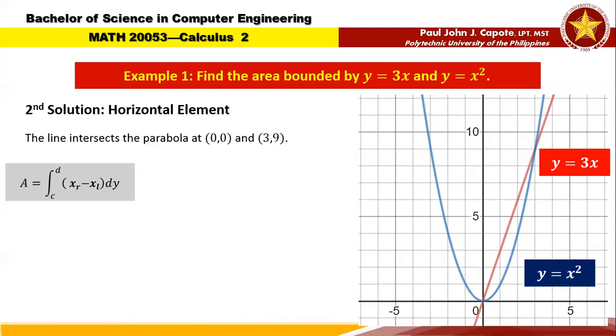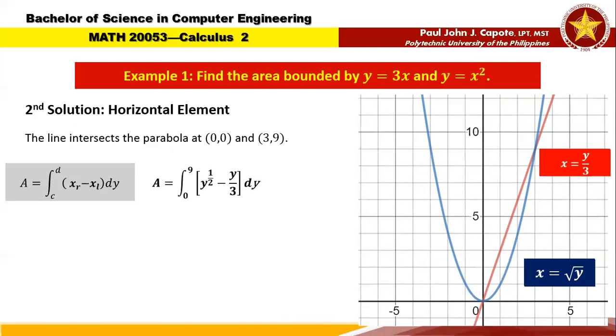Since the formula is asking for x values, then we need to express our functions for x in terms of y. So, y equals x squared becomes x equals square root of y. And y equals 3x becomes x equals y over 3.